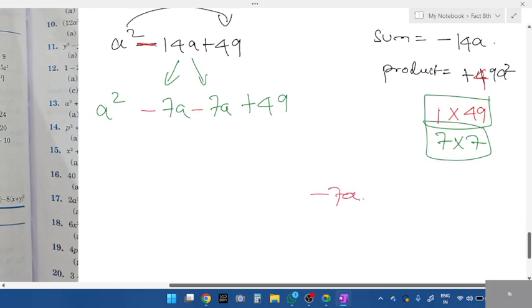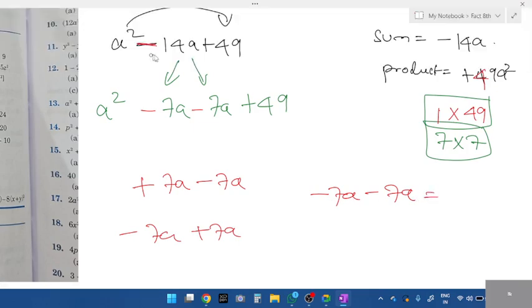Can you tell me the answer for this? Okay, tell me the answer for everything. What is minus 7a minus 7a? Oh no, minus into minus is plus. 7 plus 7 is 14a. If both have the same sign, you can take minus 14a, right?